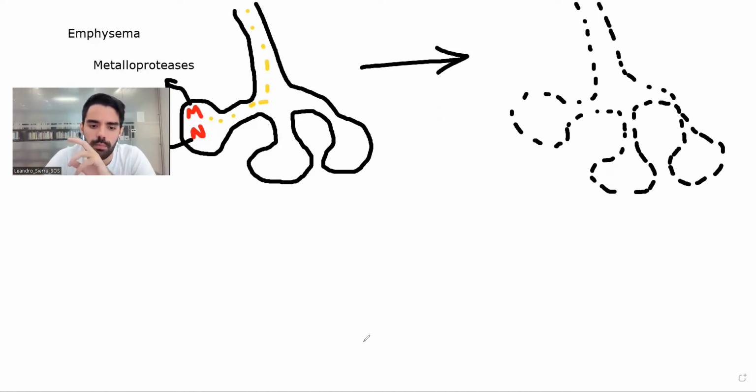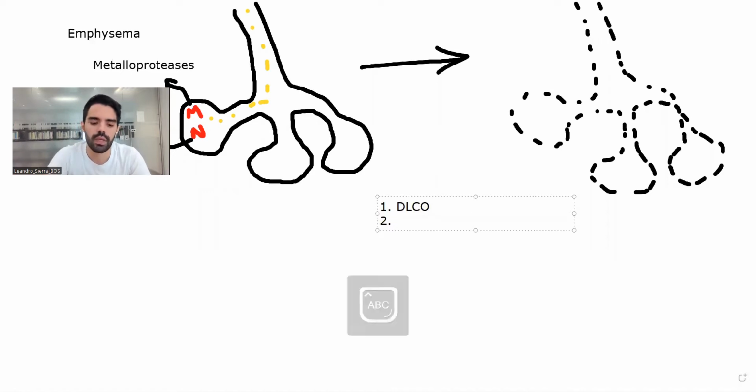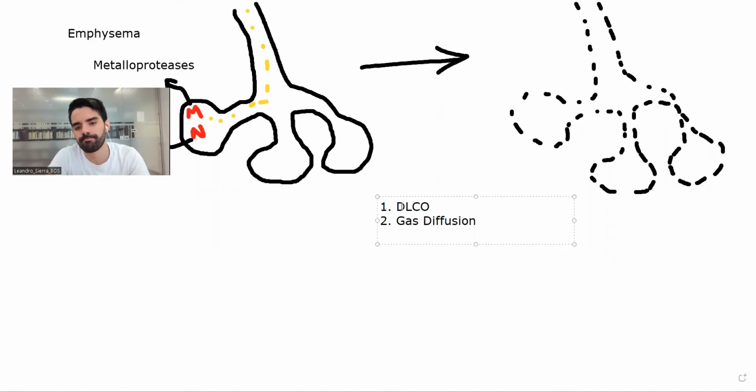there are some points that I want to make, right? So first of all, the DLCO. Second of all, the gas diffusion and air travel.